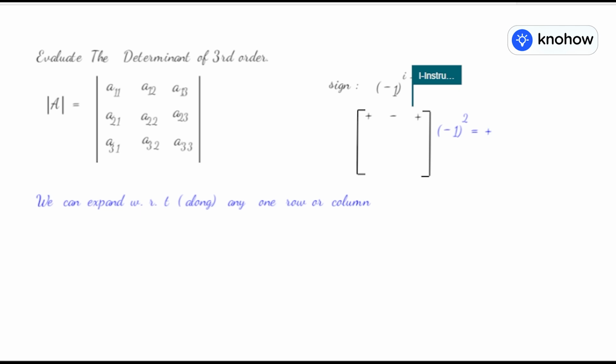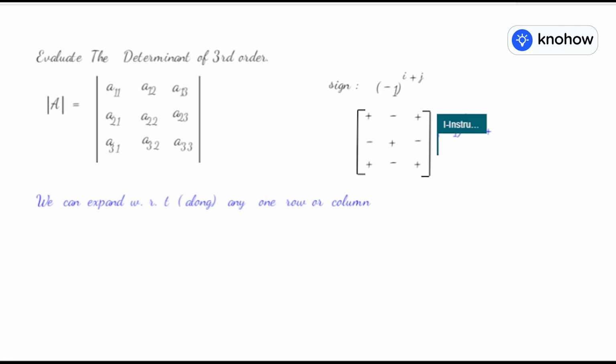So you will find that the signs to be allotted before each element to evaluate the value of the determinant will be plus, minus, plus, minus, plus, minus, plus, minus, plus. The elements on the main diagonal and the other diagonal will remain positive and the four in the middle will remain negative.